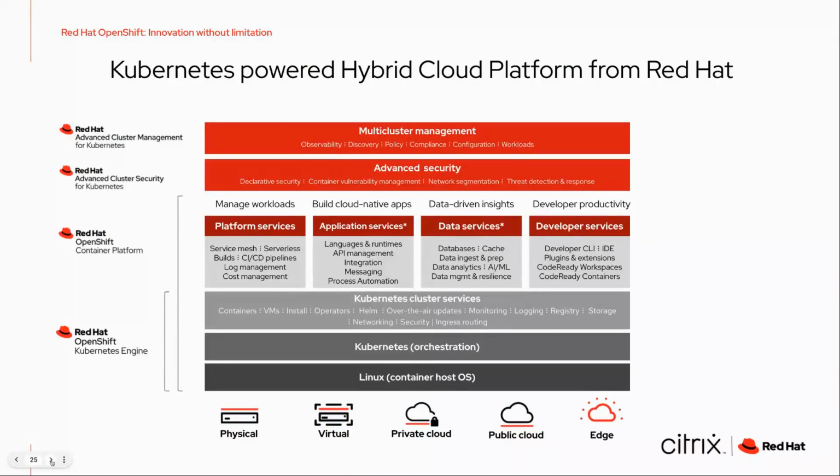And as you know, OpenShift already includes everything you need to run a hybrid cloud, from the Kubernetes layer to platform services such as Service Mesh, the application services, and the developer tools that help you make them. And if you've noticed this slide in the past, there are also two additional layers that have been recently added to the solution stack of Red Hat OpenShift.